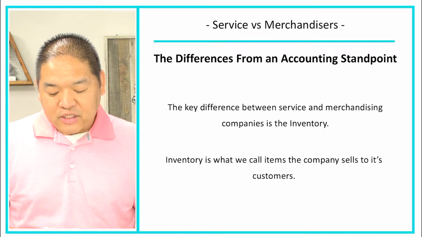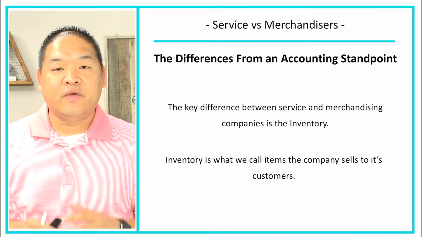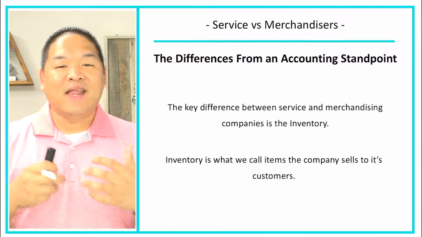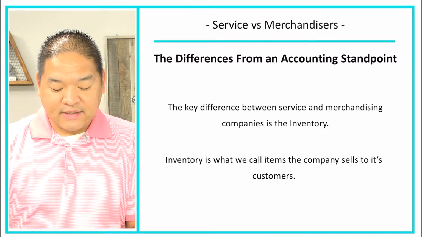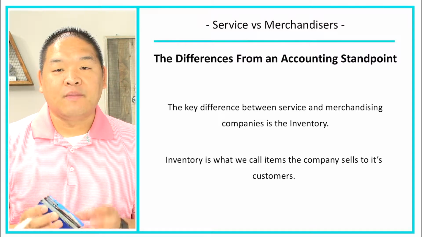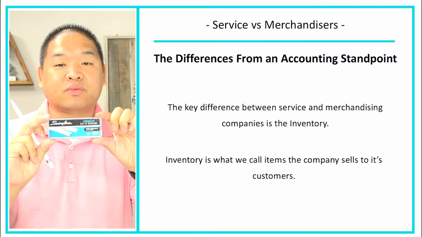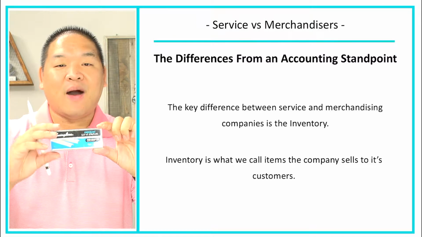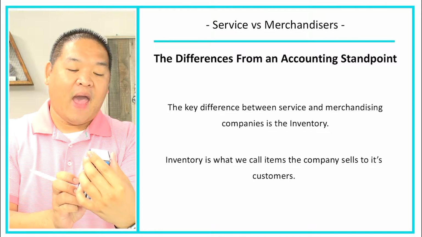Now, inventory is what we would call items that a company sells to its customers. So if we think about what a company sells to their customers, that is inventory. For instance, you might go to an office supply store and buy this box of staples. A company like Staples will buy these staples from ACCO Brands.